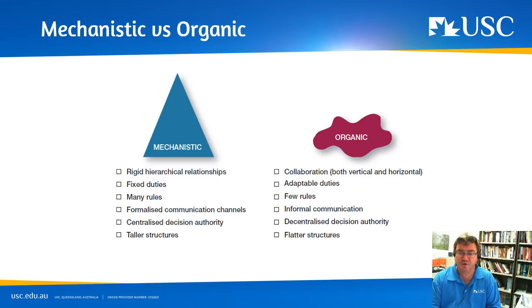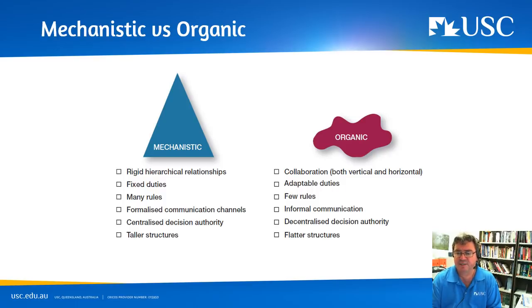Few rules versus many rules, as you can see there. Mechanistic was many, organic is few. This means that I'm probably allowing my staff to use their autonomy and their own decision making, for example, to get things done. Very similar to collaboration, informal communication. I can just have a chat with a colleague in another area and it wouldn't be looked on so badly as it would be in a mechanistic organisation where you've got those formalised communication channels.